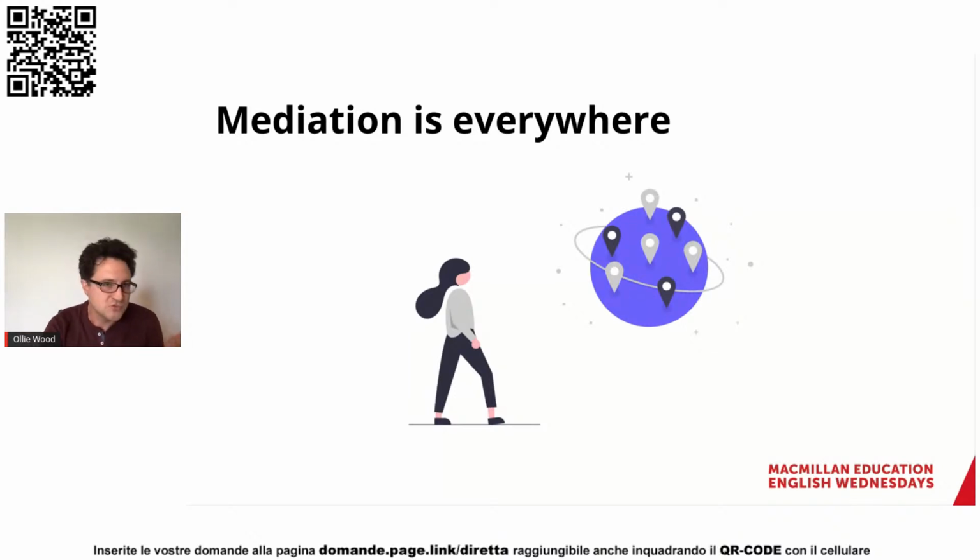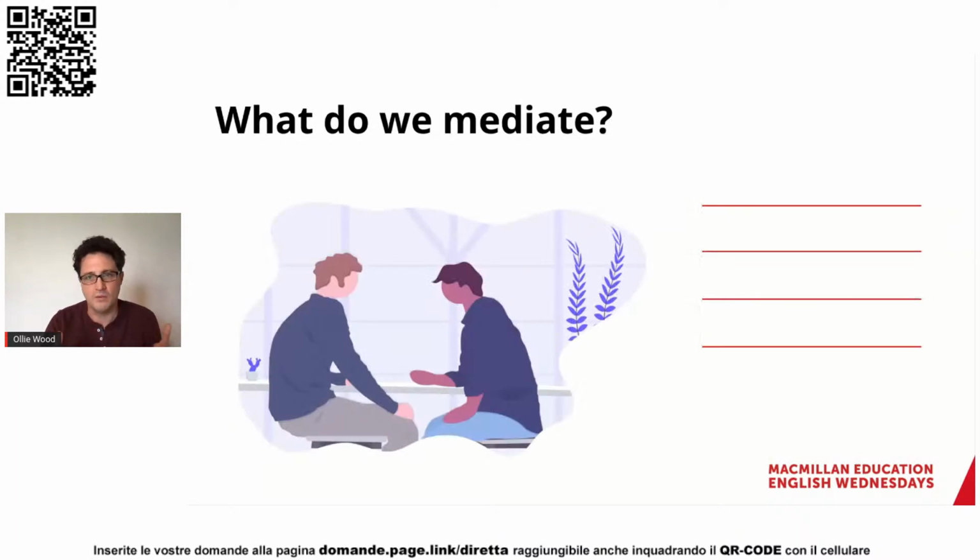So what do we mediate? Well, we mediate texts first and foremost, whether written or spoken, and they can come in the form of a video, a lecture, a speech, a creative piece of writing, a blog post, information from a website, an article, anything.